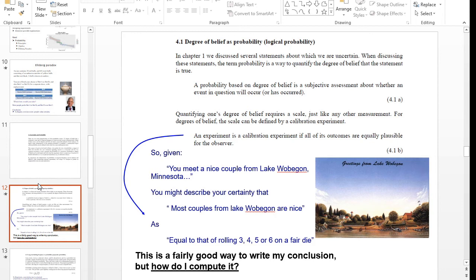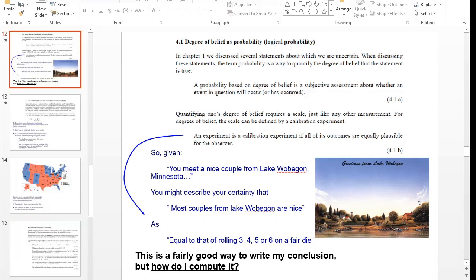Obviously for this exact one, I'm going to be writing this down as a number, which would be 2/3 or 0.66 recurring. And we want to know, how do we compute these probabilities, either for a calibration experiment or for some statement in the real world?